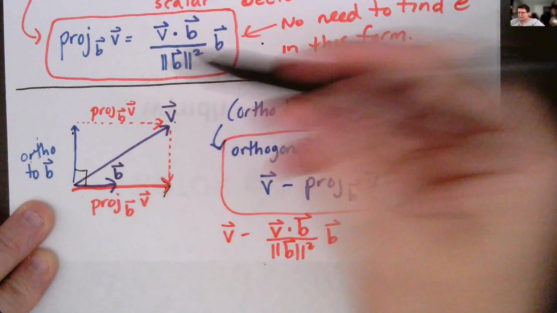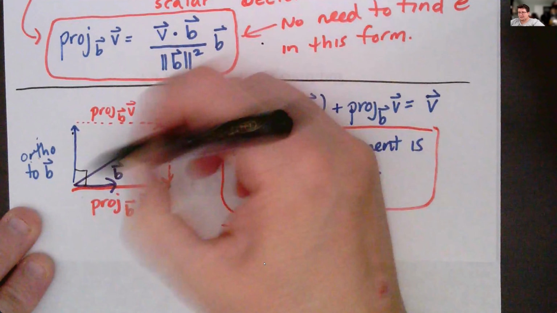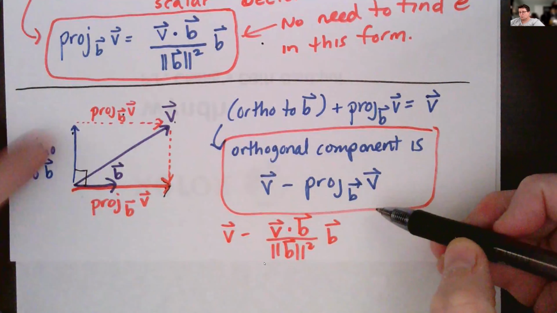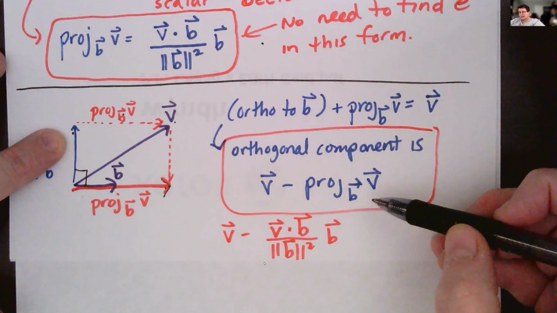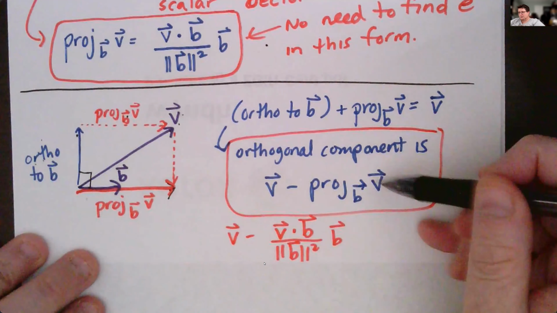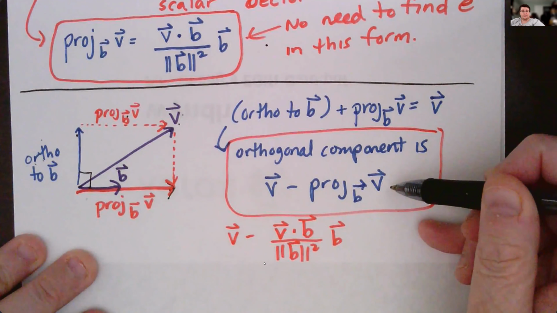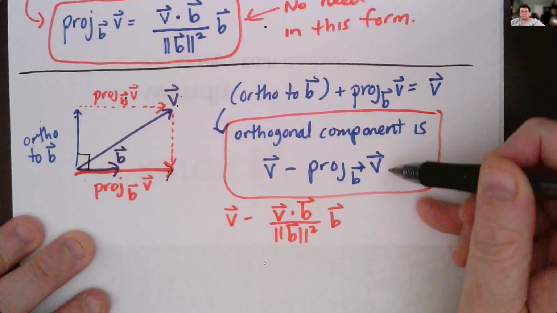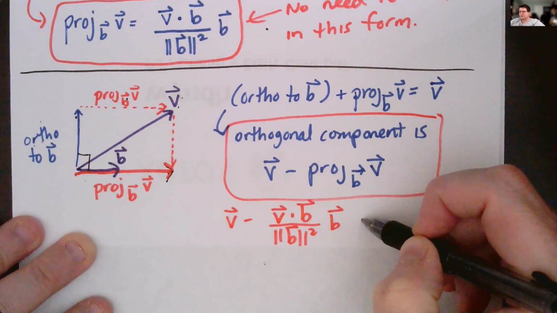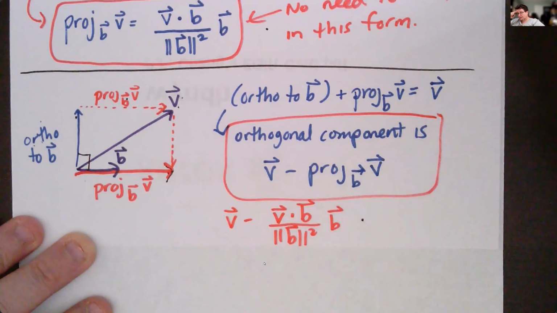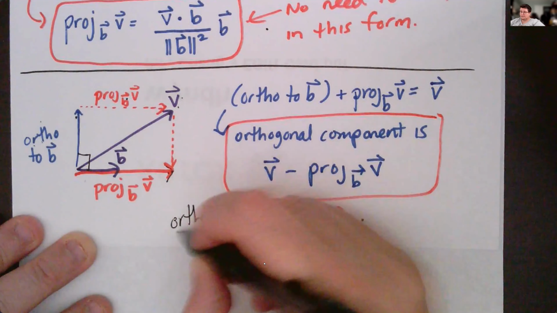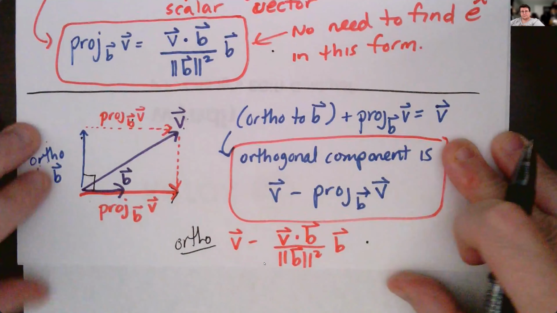We can see that if this is V, and this is the projection of V onto B, then the orthogonal vector is the end one minus the other one: V minus the projection of V onto B. Or another way of writing that is V minus, substituting in the projection. So this is the orthogonal vector right there.